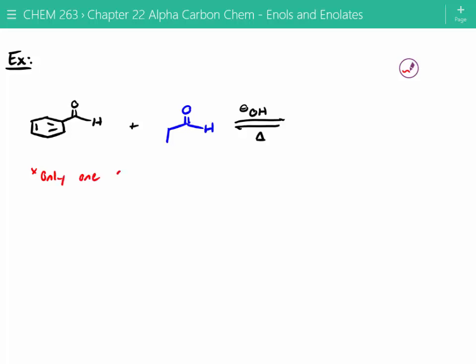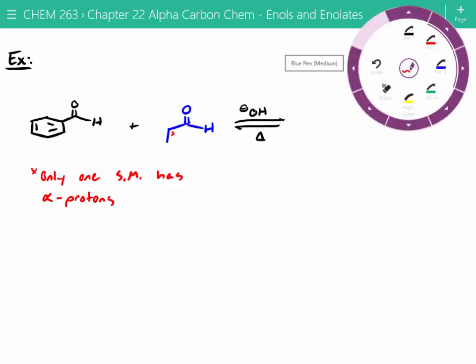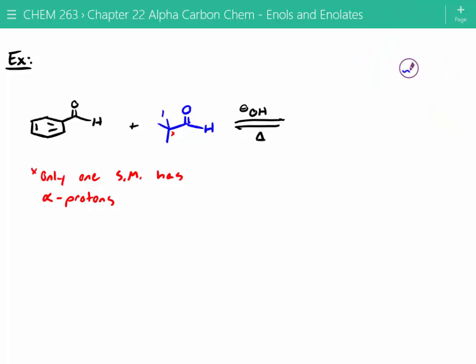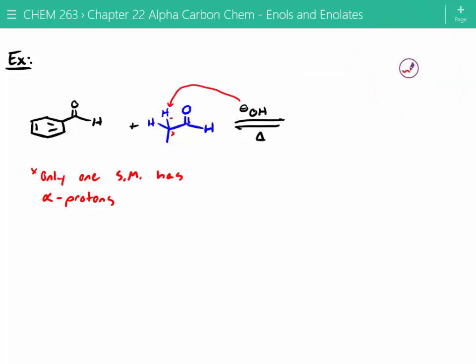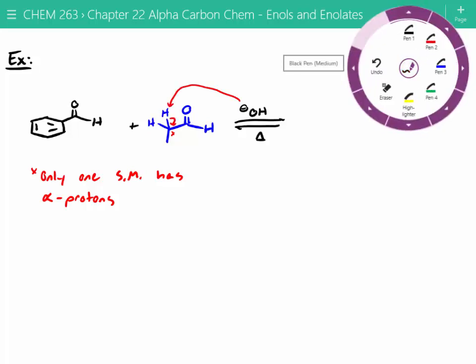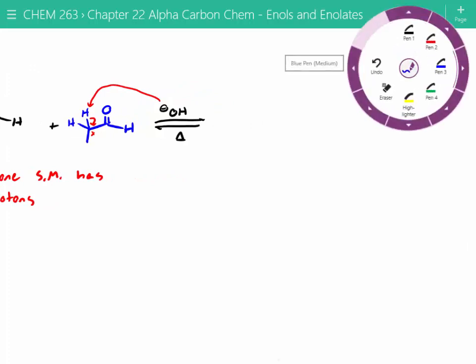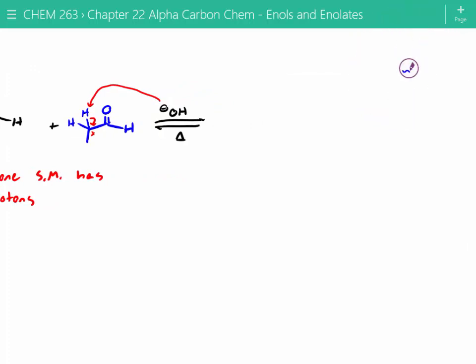only one starting material has alpha protons. So in this case, we're not really running into the problem of our mixed aldol, because we only have one position where there are alpha protons available. So in this case, we'll just show deprotonation of one of these. And we have a negative charge. And then we still have benzaldehyde around.